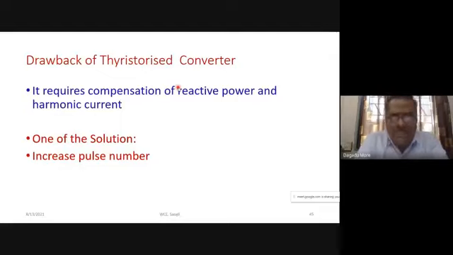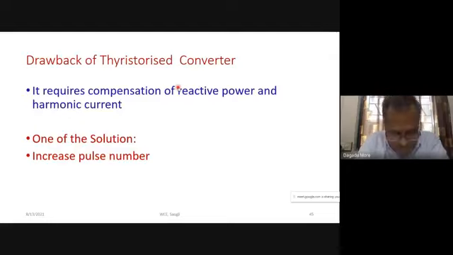Why are we discussing these three lectures? To trace the disadvantages of a thyristor diode converter from the power supply point of view, and we have traced these two disadvantages. One is that it works at lagging power factor, it takes reactive power from the supply. We see that taking reactive power from the grid has a lot of disadvantages.